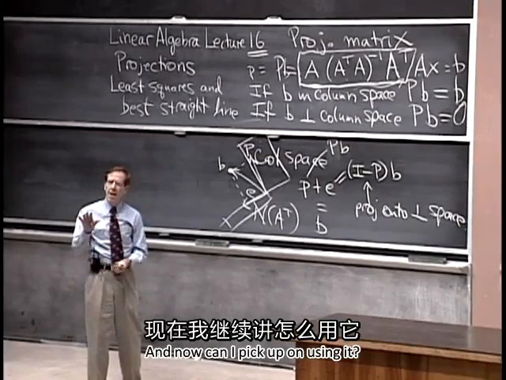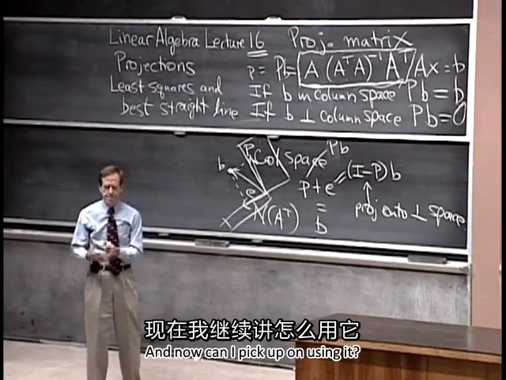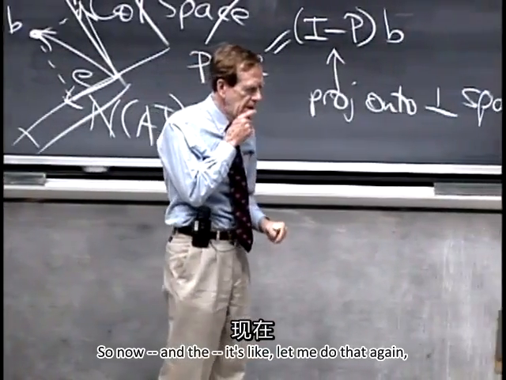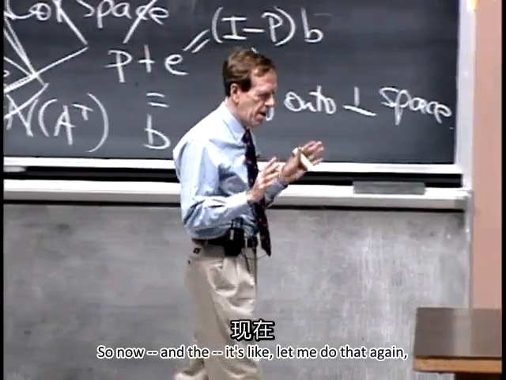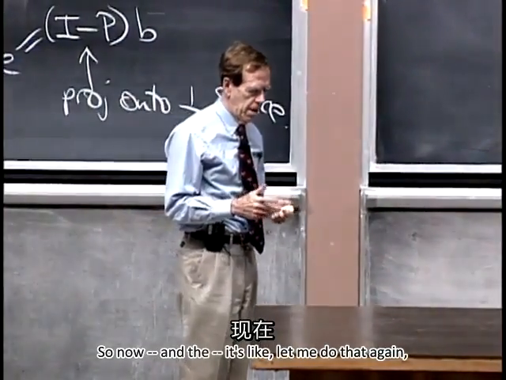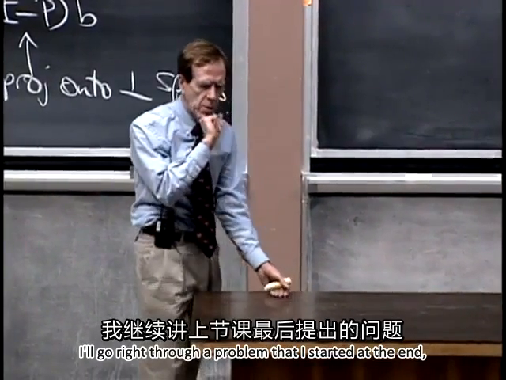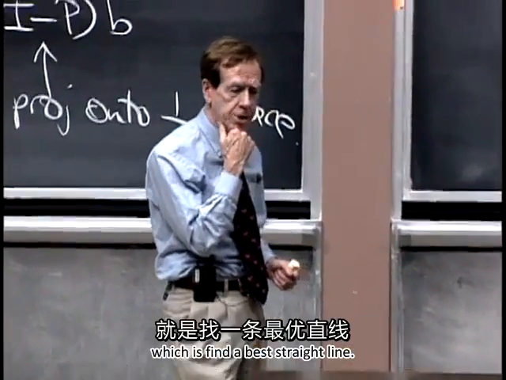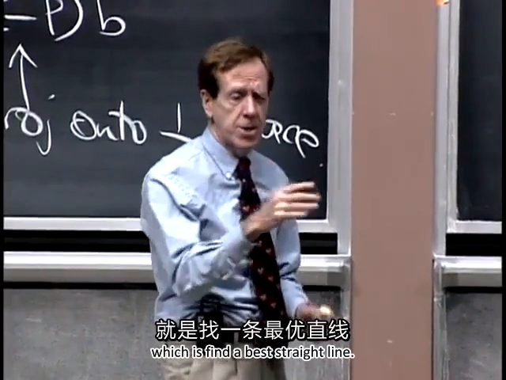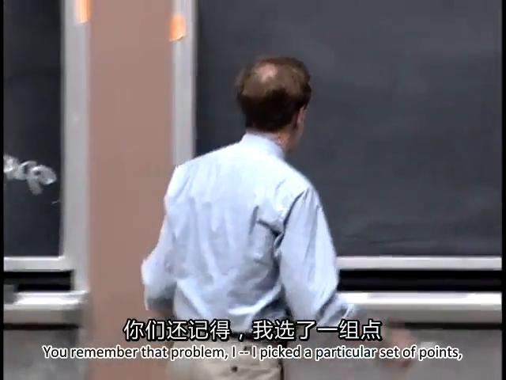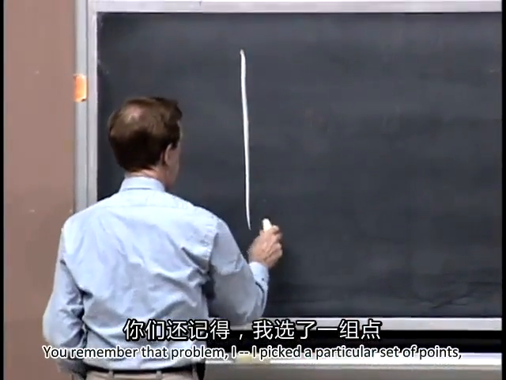Okay, that's a recap, because you need to see that formula more than once. And now can I pick up on using it? Let me do that again. I'll go right through a problem that I started at the end, which is find a best straight line. You remember that problem? I picked a particular set of points.